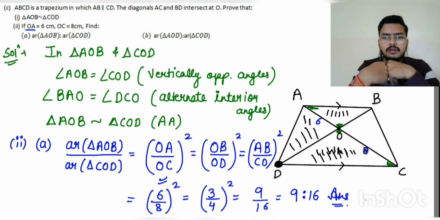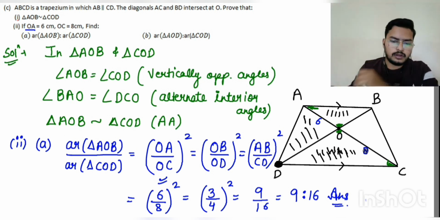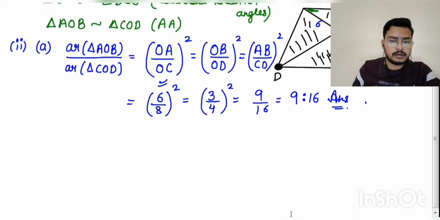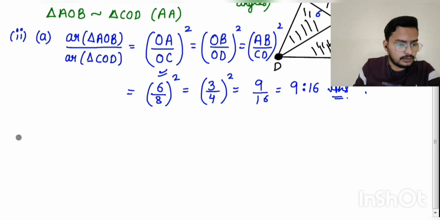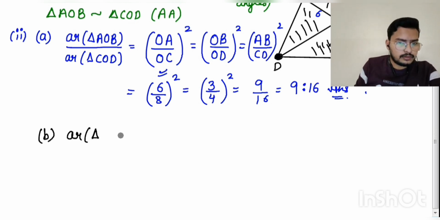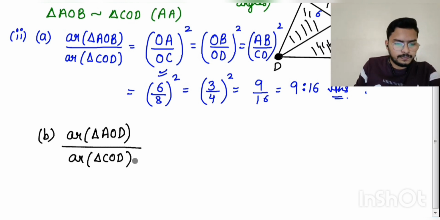So that means we can apply that particular concept. The concept says that whenever two triangles have the same vertex, here the triangle AOD and the triangle COD whose area we have to find, right?